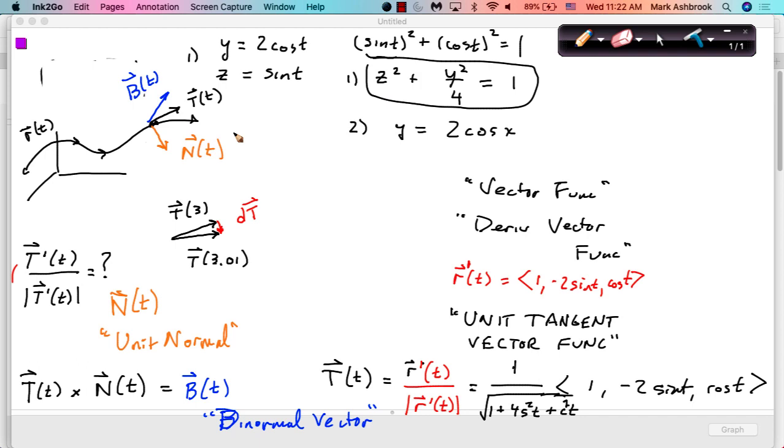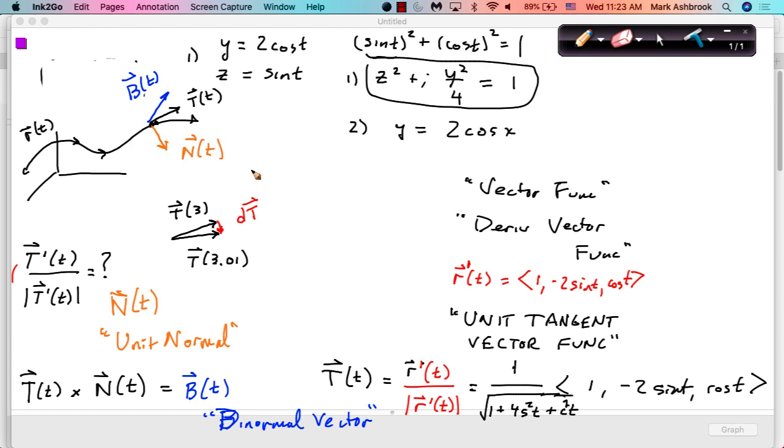For two points really close together, both of those points would lie in the plane of n and t, but not in the tangent plane. So that plane of t and n is called the osculating plane. It's the plane that the curve is in at that moment. It's not tangent to the curve.